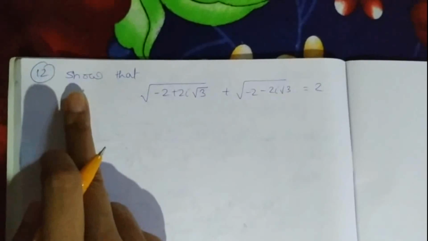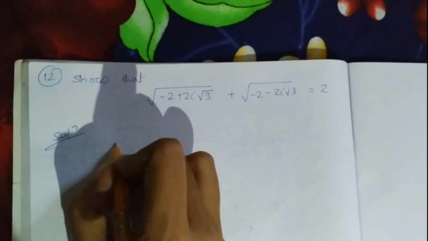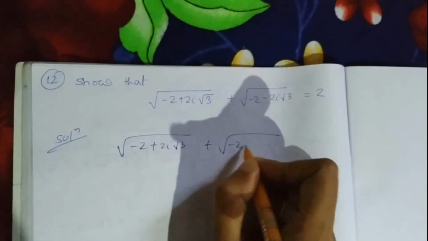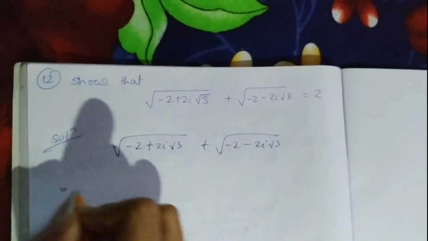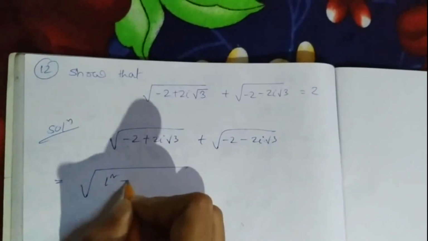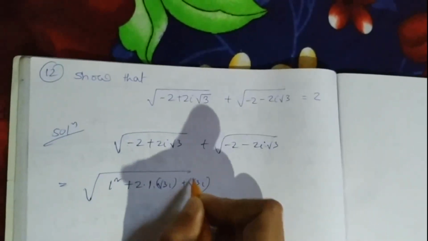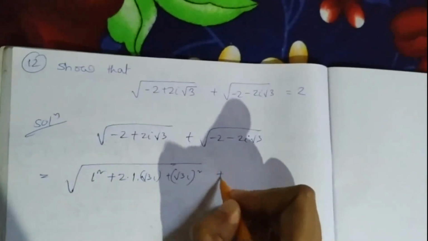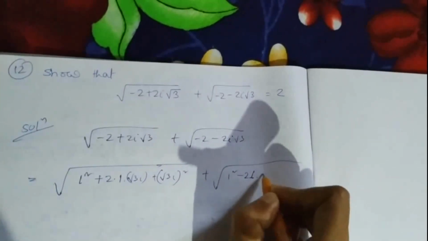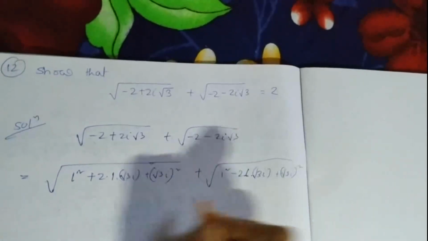Here the question number 12 is show that this one is equal to 2. So the solution will be like root of minus 2 plus 2i root 3 plus root of minus 2 minus 2i root 3. So here you see it will be 1 square plus 2 into 1 into root 3i plus root 3i whole square, plus root of 1 square minus 2 into 1 into root 3i plus root 3i whole square, isn't it?